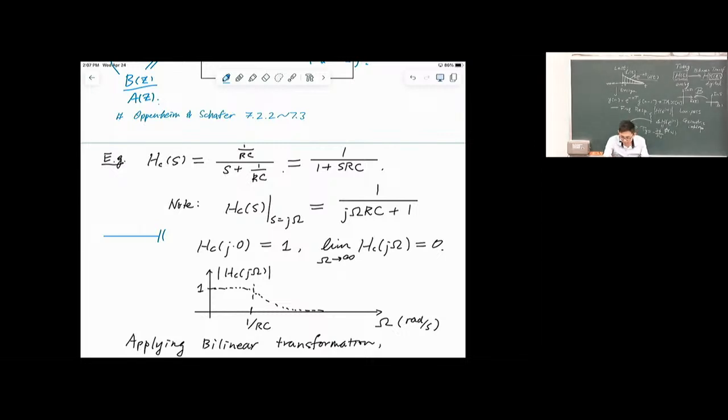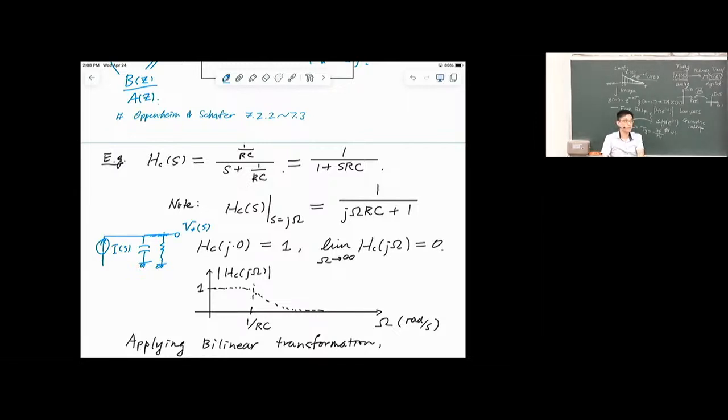Not in series, but in parallel. We emulate the system of delivering a current to the parallel connection of a resistor and a capacitor, and the output is the voltage right there.